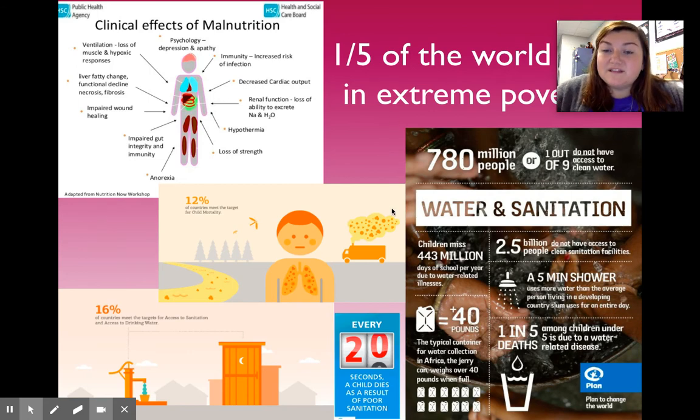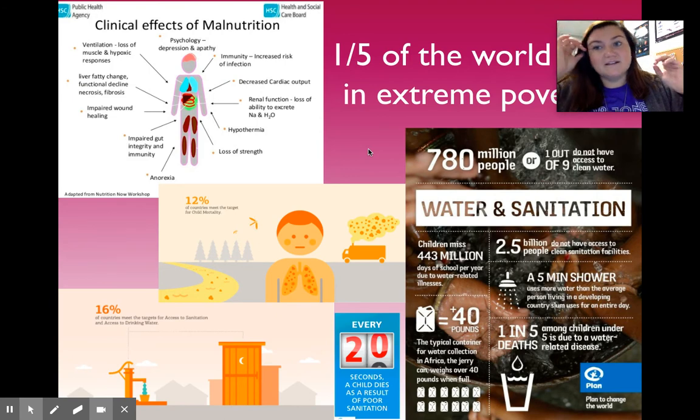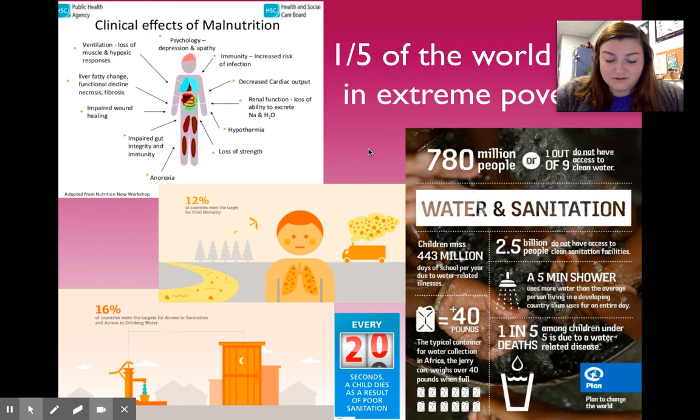When you think about the fact that 1/5 of the world is living in extreme poverty, obviously living in poverty is going to affect people's lifespan. That just makes sense. We've already addressed that in most of the world, including the US, if you are poor, then you are much more likely to die of something that could have been fixed in a hospital. But you're less likely to go do it because you're living in poverty. So something to think about not only in the US, but also around the world.